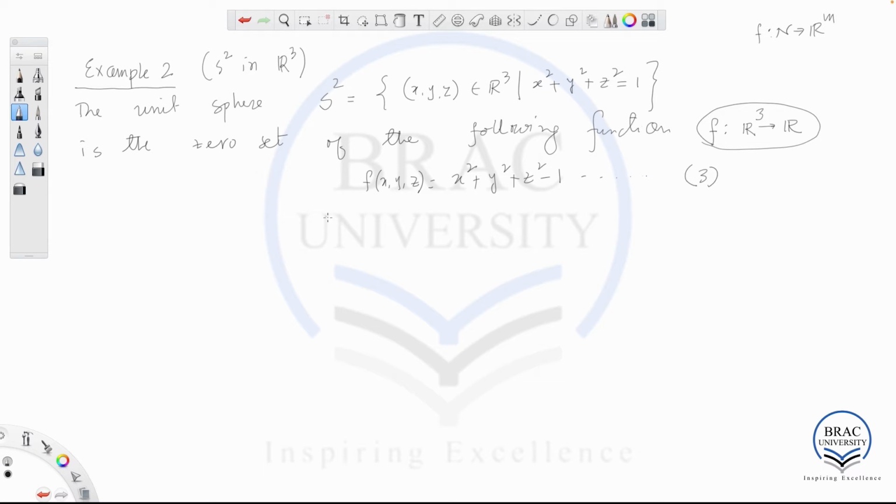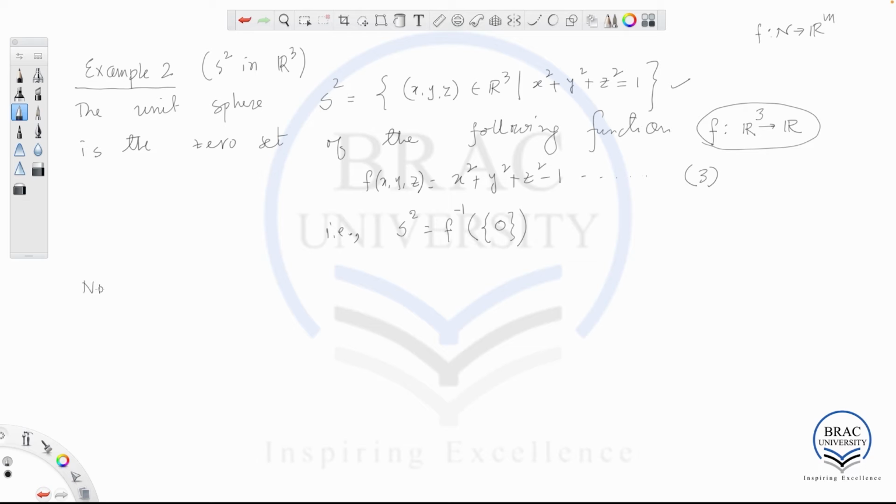We immediately see that the zero set of this map F is indeed the two-dimensional sphere. This follows from the definition of the two-dimensional sphere S2.